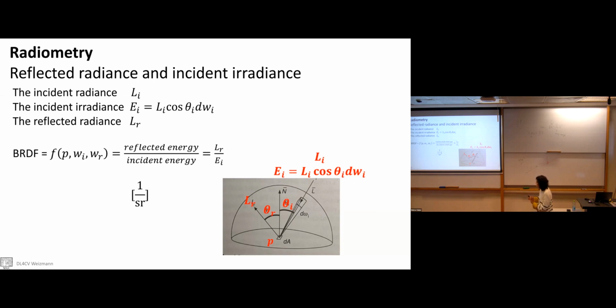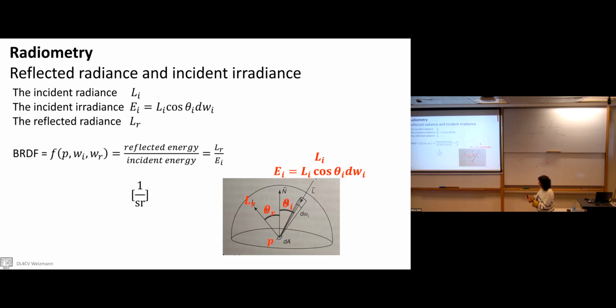So let's try to understand what is the idea of the BRDF. You have the light which is coming from this direction, denoted by I, and the light which is going in this direction. So actually BRDF is a function of the point and 2 directions.